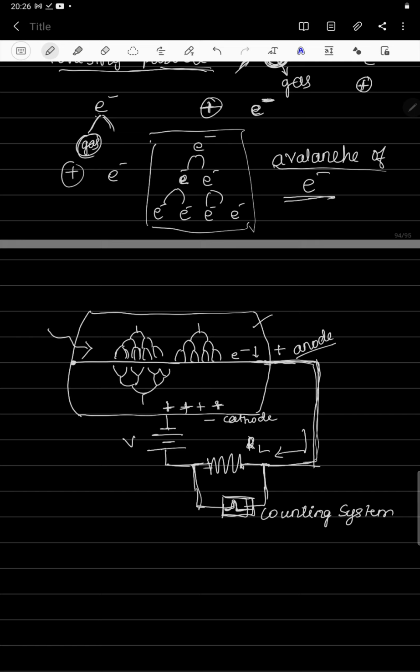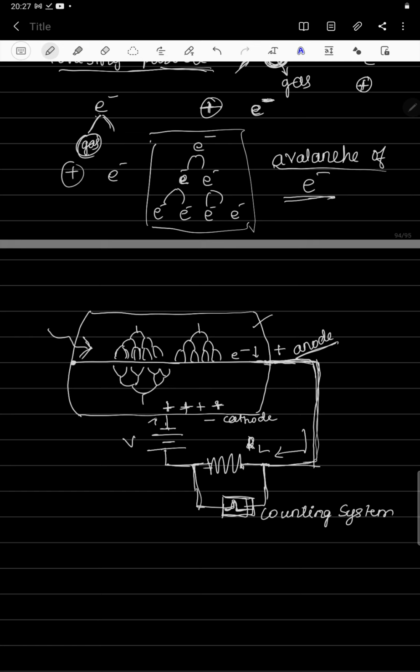When one particle enters the ionizing chamber, there is complete discharging of the gas molecules. There will be production of an avalanche of electrons, and all the gas molecules become ions: positive ions and electrons. All the electrons are attracted towards the anode, which is connected to the positive terminal of a high tension battery. So this completes the circuit.